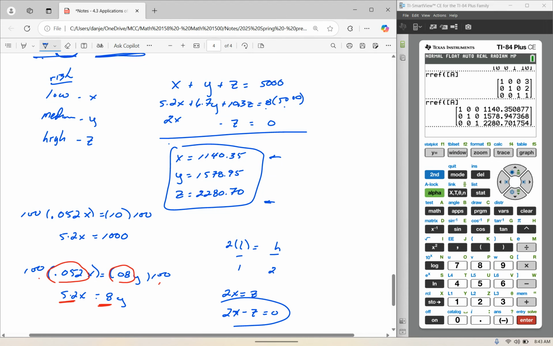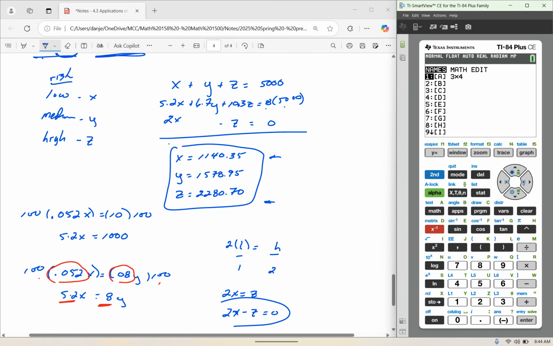That's okay. What if you were arguing with me still that we should have not used 5.2, 6.7, 10.3, and 8, that instead what we should have done is used 0.052, 0.067, 0.103 for the 5.2%, 6.7%, and 10.3%.